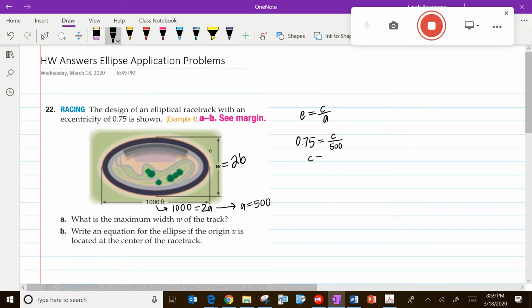So now to solve this for C, you need to multiply by 500 on both sides, which gives you 375 for C.